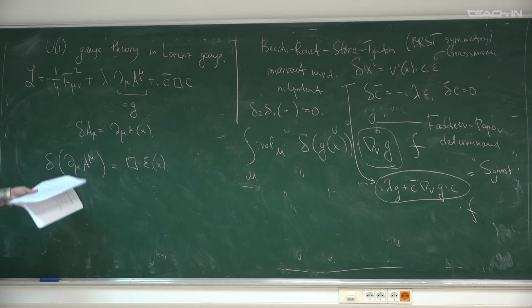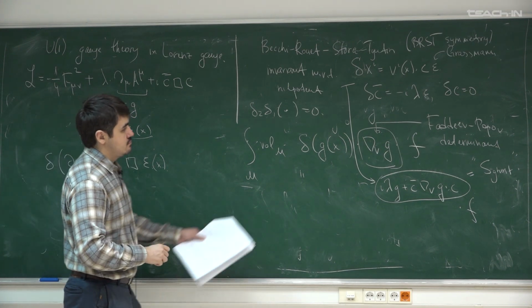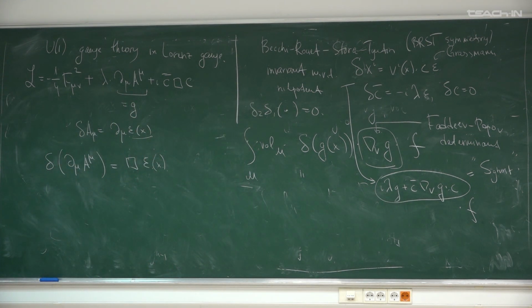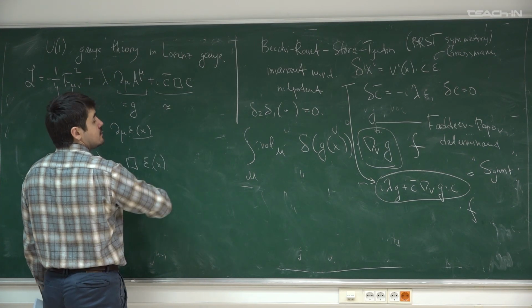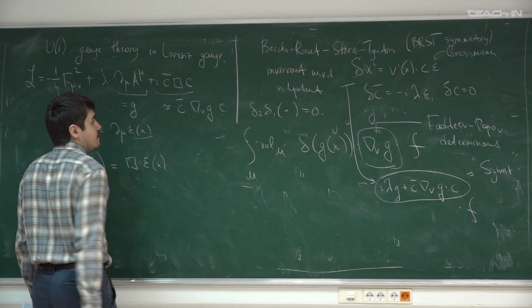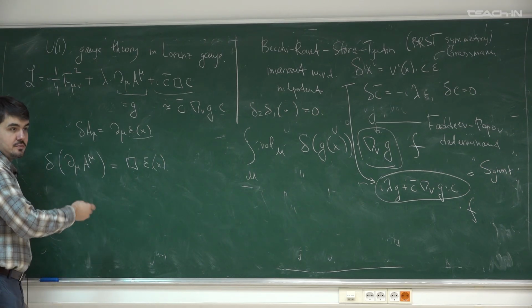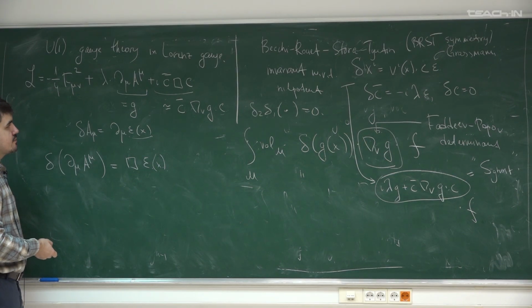And now we just replace the parameter of your transformation with a ghost C. That's how you get this term. So this is the same as nabla Vg times C. In general, this will be some differential operator, because typical gauge fixing conditions involve differential operators.